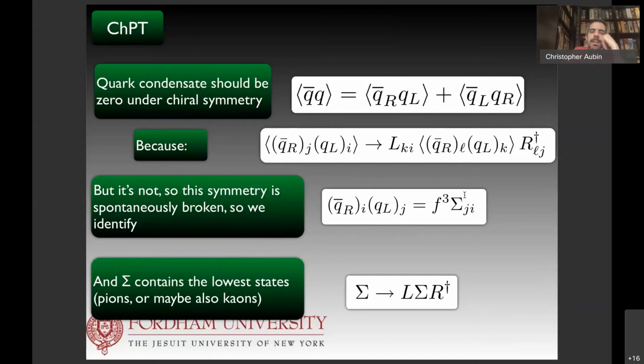With a little bit of analysis, you can see that this sigma is going to contain the lowest states of QCD: pions, if you're only dealing with 2 quarks, maybe the kaons. And under the chiral symmetry, this sigma must transform like this. So what I can do is construct a theory that is invariant under this chiral symmetry, but has this feature of spontaneous symmetry breaking, with the quark condensate being non-zero.